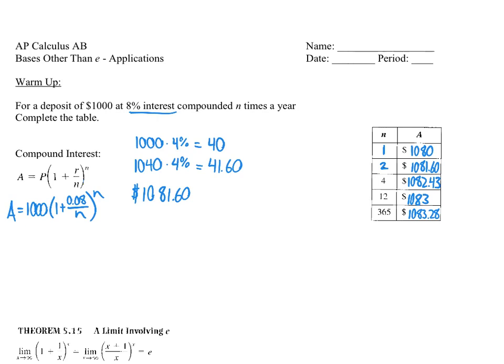What's 20 times 365? 7,300. You would need to raise the 1 plus 0.08 over n. Instead of 365, it'd be 7,300, right?